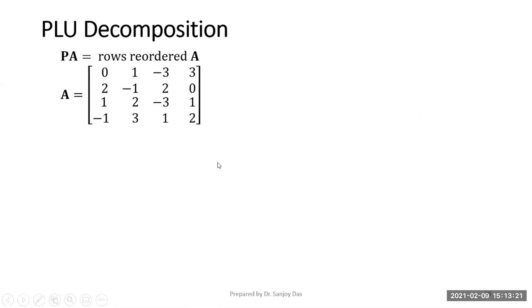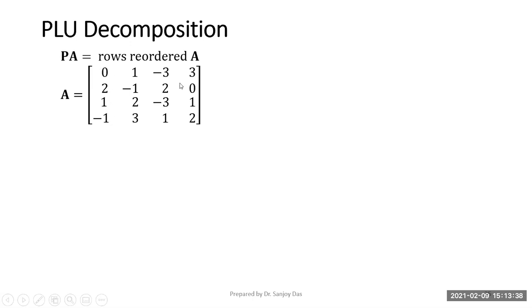Now, what is PLU decomposition? Consider this. I have a matrix A like this. What should I be doing in the first step? Using row 1, I must eliminate these from row 2, row 3, and row 4, right?